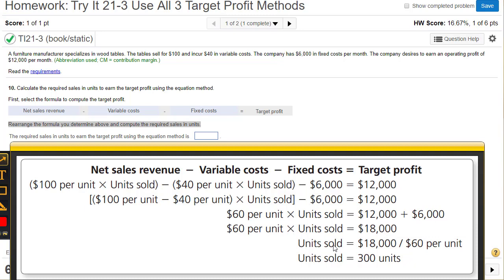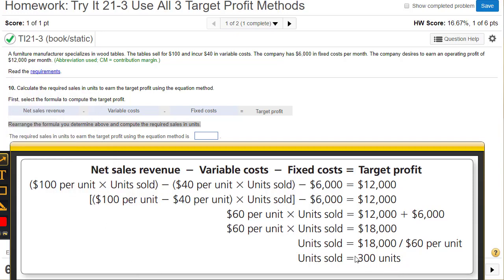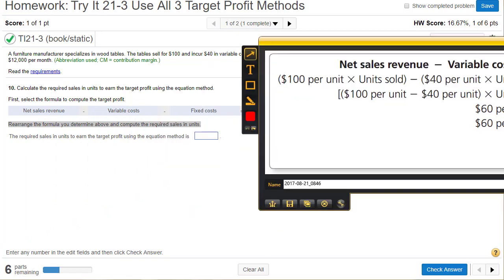So the formula becomes units sold equals 18,000 divided by $60 per unit. And then we just do the math. $18,000 divided by 60 gives us 300 units. So what this 300 units means is for this company to reach their $12,000 target profit, they need to sell 300 units.